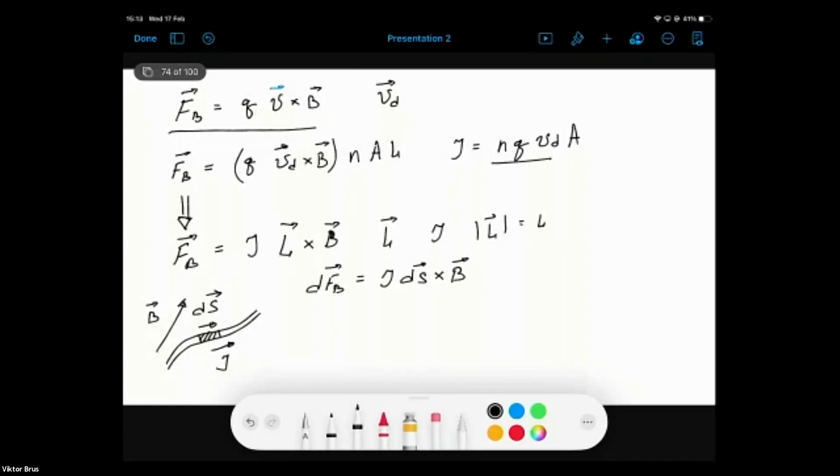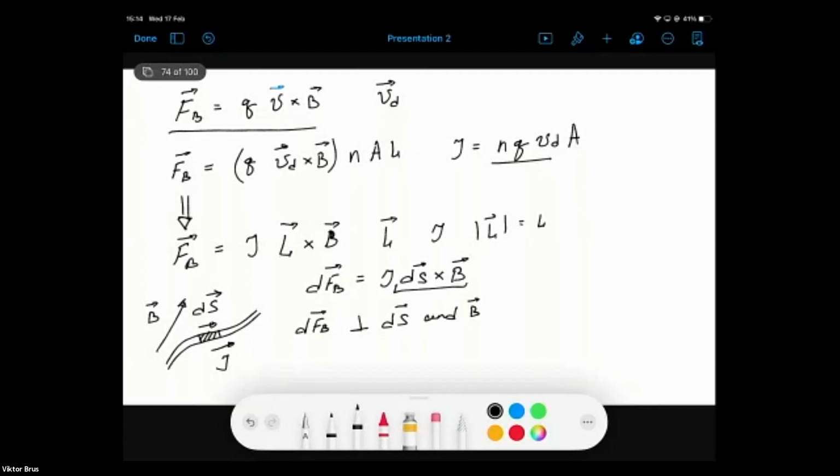Also, just a reminder from the previous lecture, since we have a vector product here, this small magnetic force will be perpendicular to the plane formed by these two vectors, ds and the magnetic field vector.